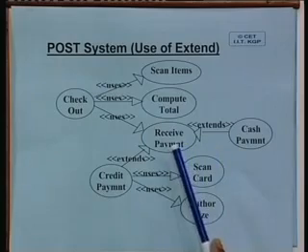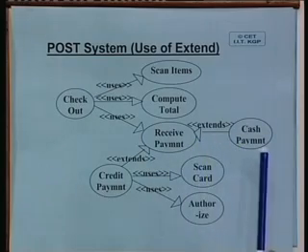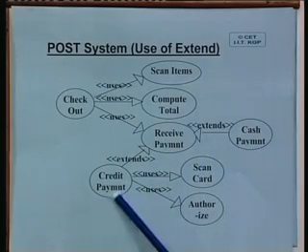stored, and then using all these things, the second activity could be compute total. After you have computed the total, the third is receive payment. Now receive payment has got two extensions. There are two types of payments. One could be cash payment, another could be credit payment, right.